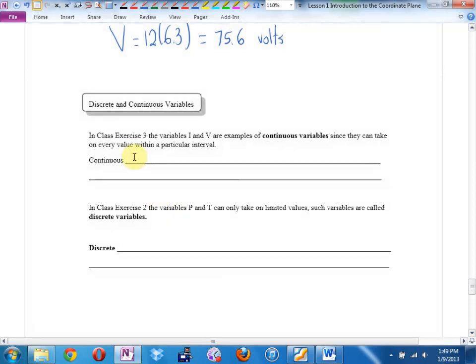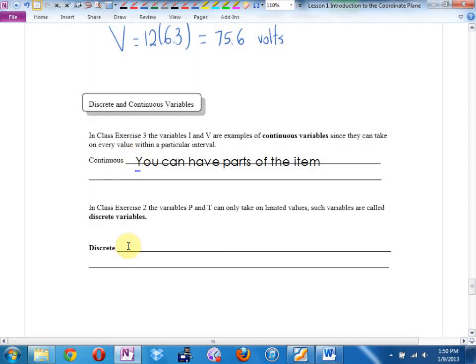Or another way to think about it for a continuous: you can have parts of the thing, parts of whatever you're looking at. You can have 1.6 of whatever you're looking at, or 2.8 of whatever you're looking at.